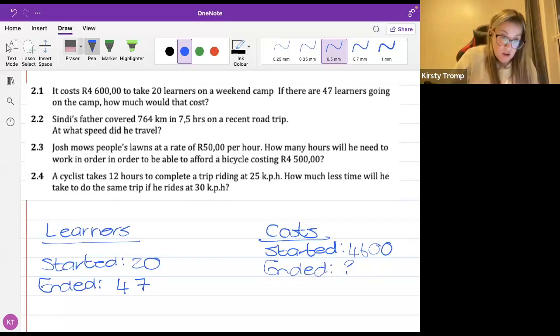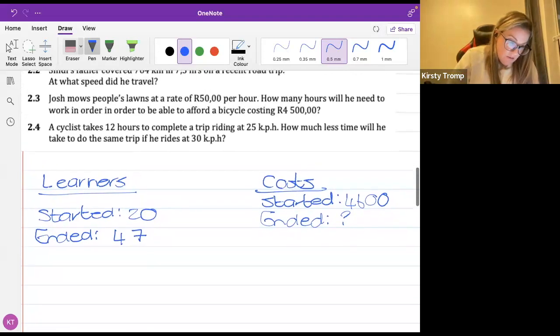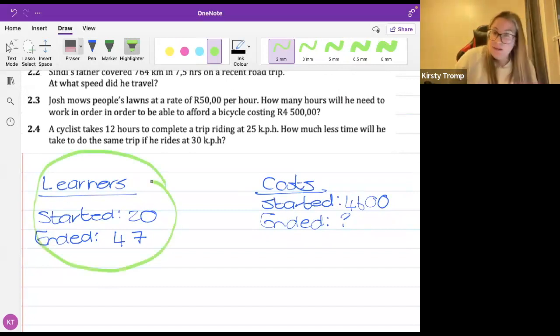So if that's true, is it possible for us to make a ratio out of the learners? Do we have two numbers for the learners? Yes, we do. Do we have two numbers for the costs? No, we don't. But we do have two numbers for the learners.